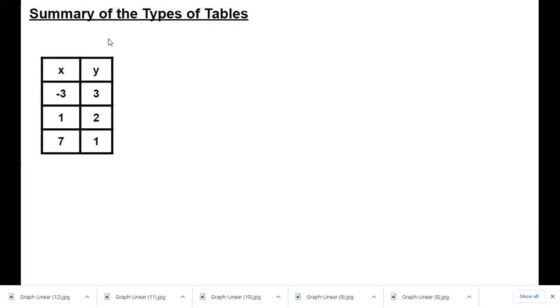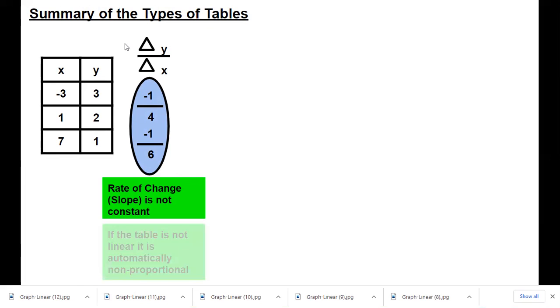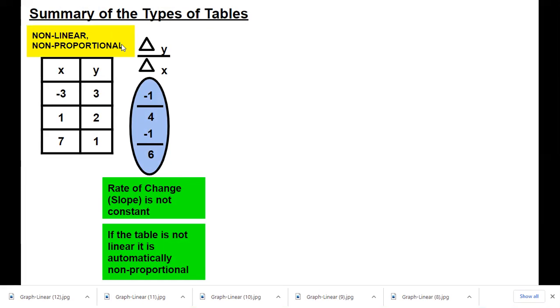Okay, summary of the types of tables. That one was nonlinear and non-proportional. So the rate of change, the slope, was not constant. If the table is not linear, it's automatically not proportional. You don't have to do any more tests. Nonlinear, non-proportional.